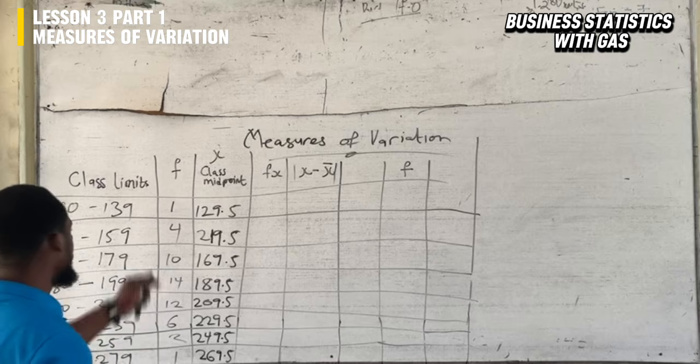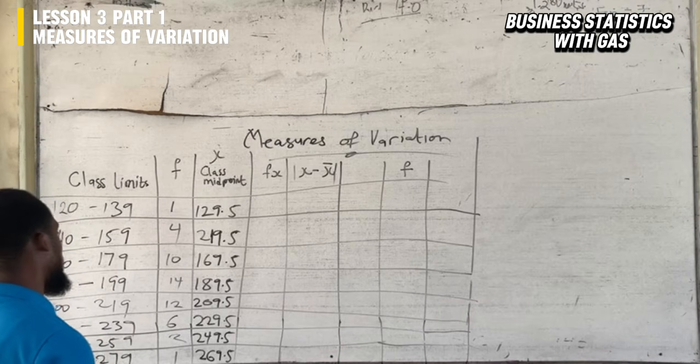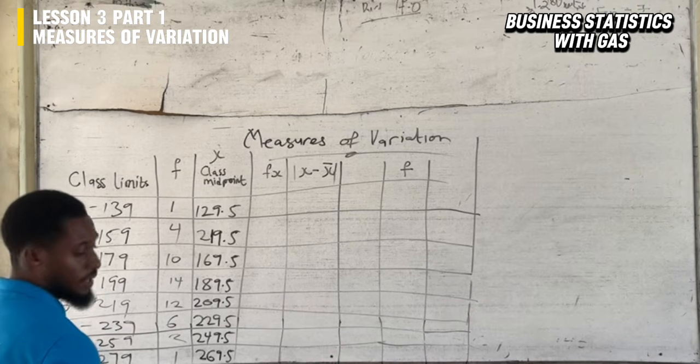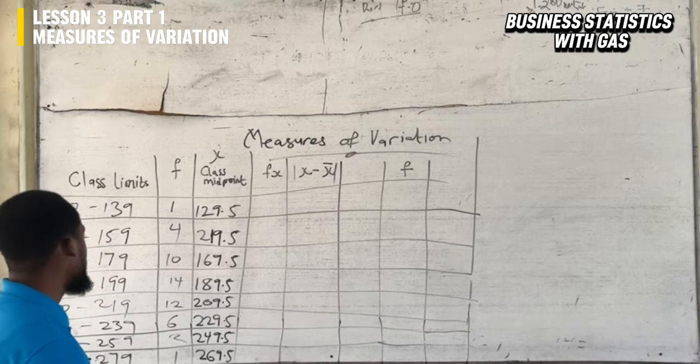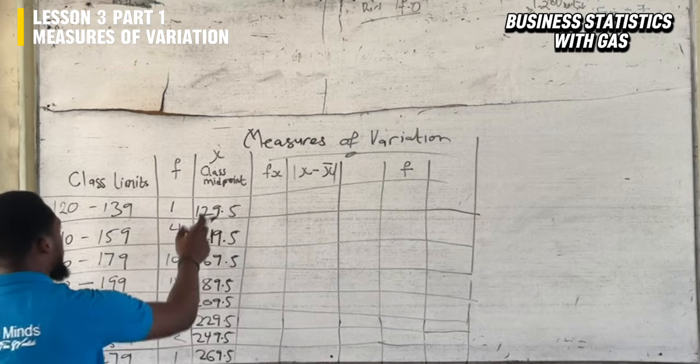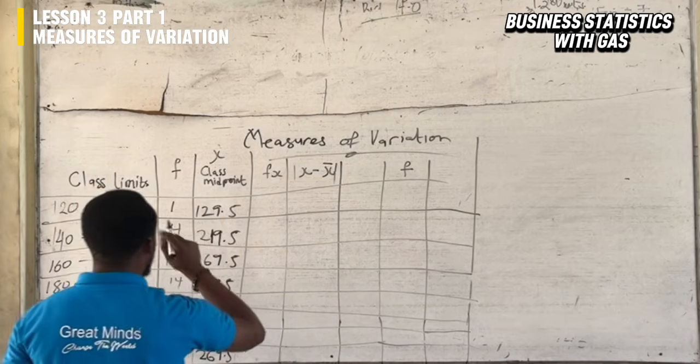So now we have our class midpoint, our x here. How then do we find our fx? We multiply our f by the x here.